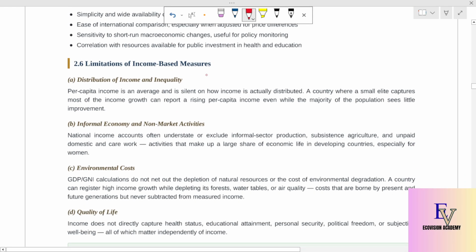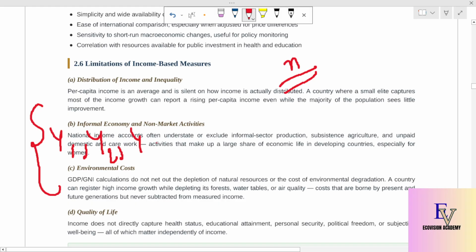First, the most important problem in our country is income inequality. Suppose there are n people in a country, and we distribute the country's income as y1 for person 1, y2 for person 2, y3 for person 3, y4 for person 4, up to yn.